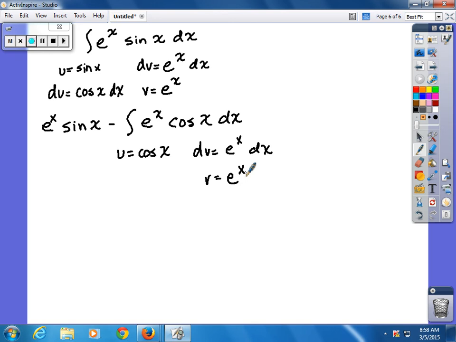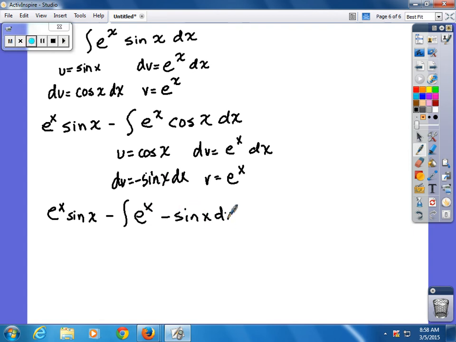Negative sine. So that's going to be e to the x cosine of x minus the antiderivative of e to the x, negative sine x dx. Which that negative can come out and make that a what? Positive.